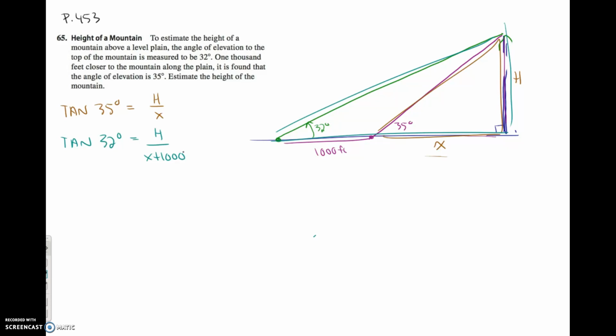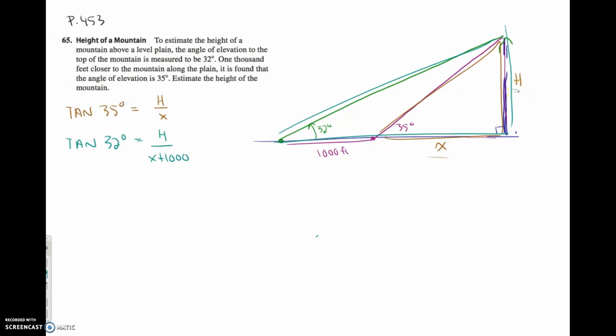So how are we going to do that? Well, I want to solve it for h, so I don't want to eliminate h. Let's eliminate x. So I'm going to solve this equation for x: x equals h over the tangent of 35 degrees. If I plug this x into here, well, first of all, it's going to be a bit of a mess. Maybe I should have just solved for x first and then found h. Well, whatever, I'm going to finish it.